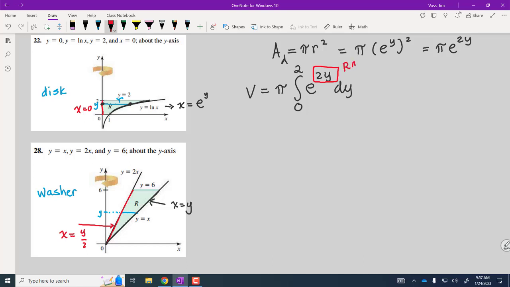So reverse chain rule, RCR, if you have a linear substitution, you can use RCR. So let's do that. Reverse chain rule says, instead of multiplying by the derivative of the exponent, you divide by it. So this is going to be itself, e to the 2y, divided by 2. So reverse chain rule, we just divide instead of multiply.